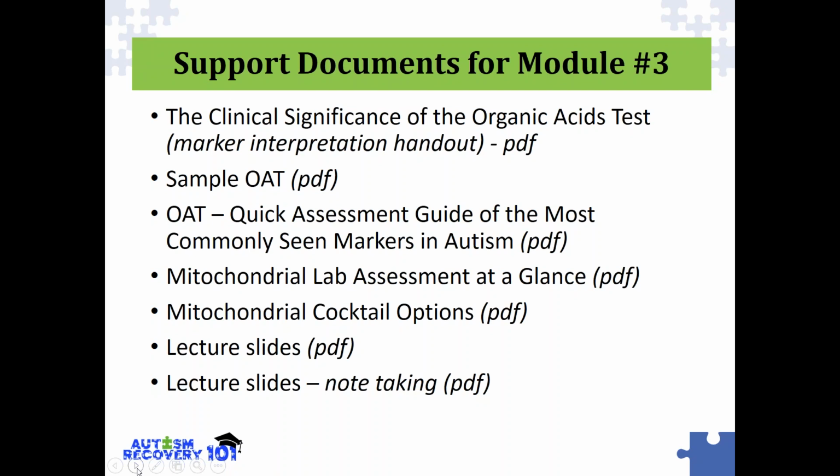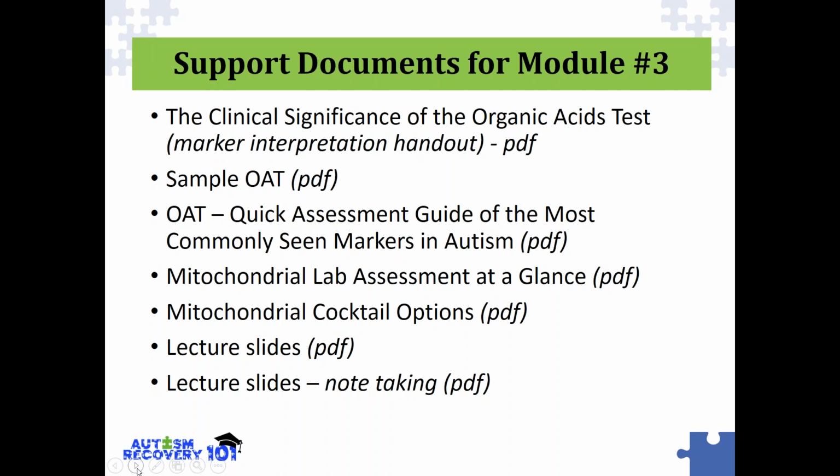We're going to go through that sample in the question and answer session that will cover the first 3 modules here of this course. The other handouts, this quick assessment guide, I'll show you what that is. That's just a handout that you can use as, again, a quick assessment of the commonly seen markers that are seen in autism, things that are generally high, kind of give a rough estimation about the percentages of when those are high.